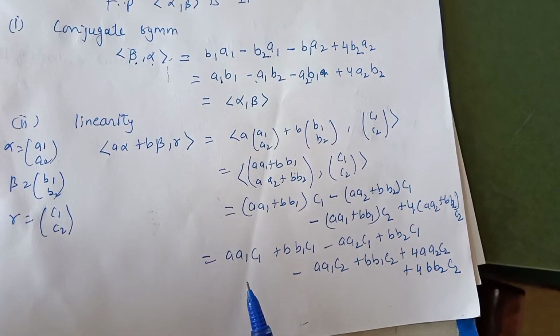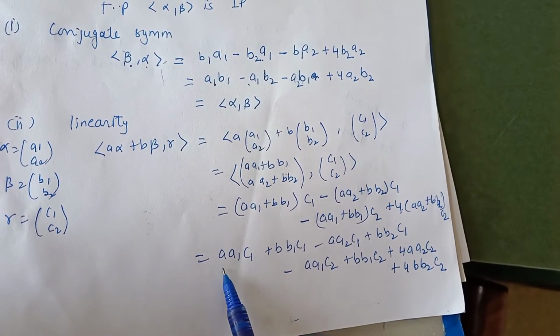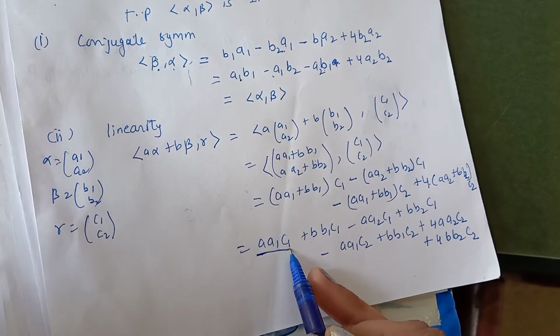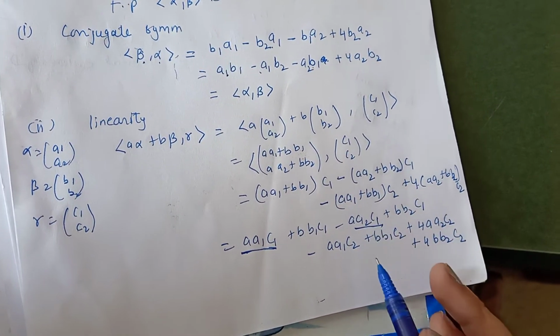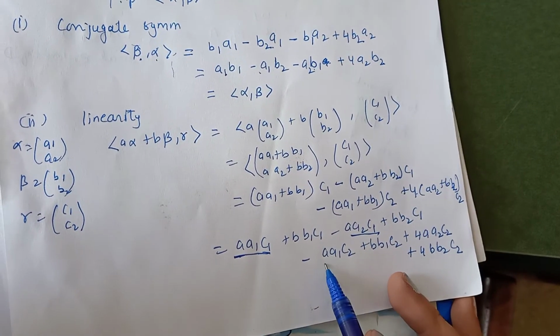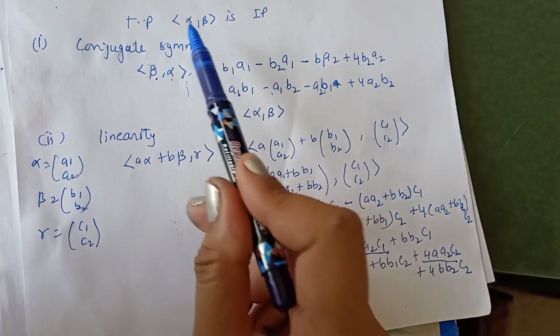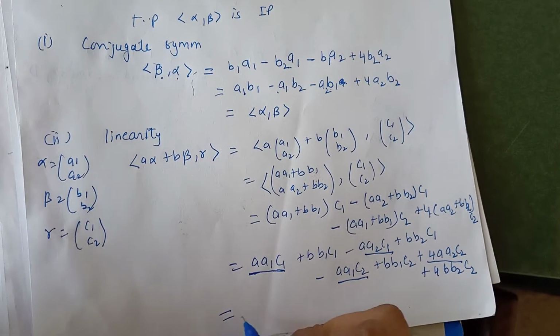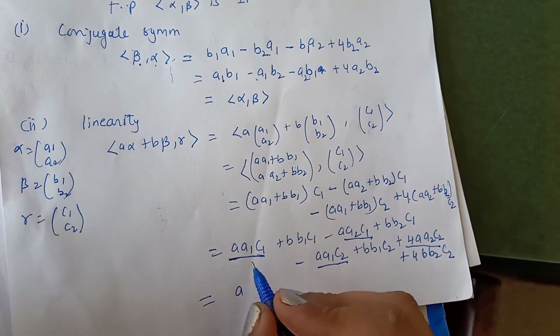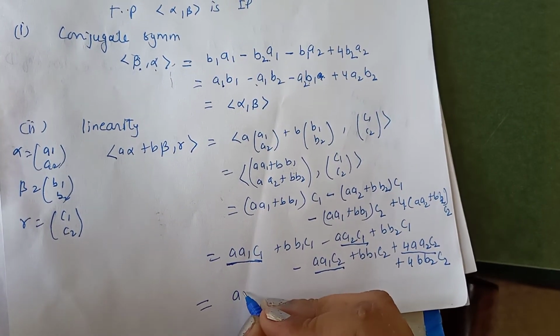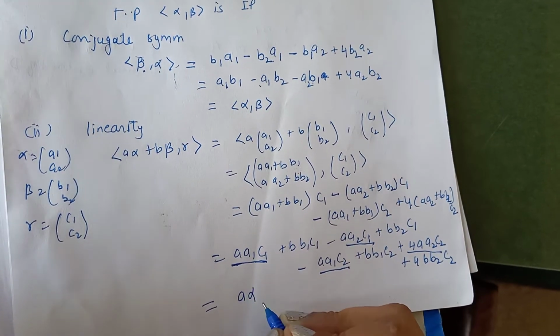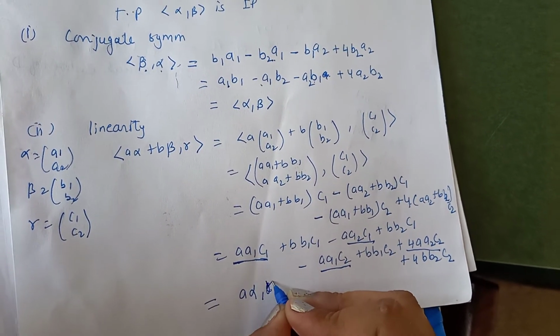Now what I am doing, I am combining this term, and this term, and this term. If you can observe, as per definition, isn't it a times the inner product of this vector alpha with gamma?